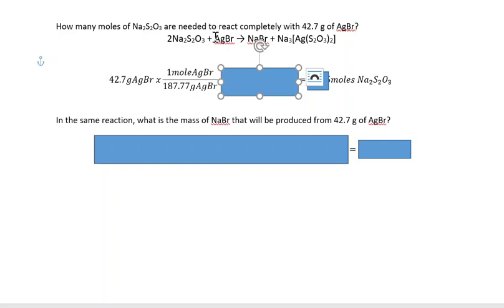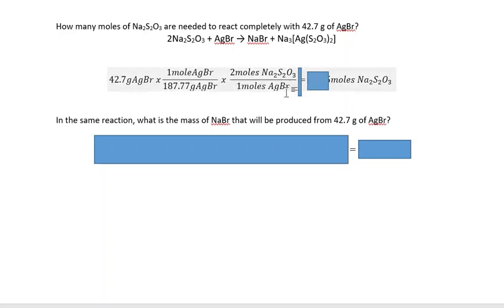And I know that 1 silver bromide relates to 2 sodium thiosulfate. So I can add that to my equation now. 1 mole of silver bromide relates to 2 moles of sodium thiosulfate. And because I only want to know moles of sodium thiosulfate, I don't have to now figure out how many grams of it.